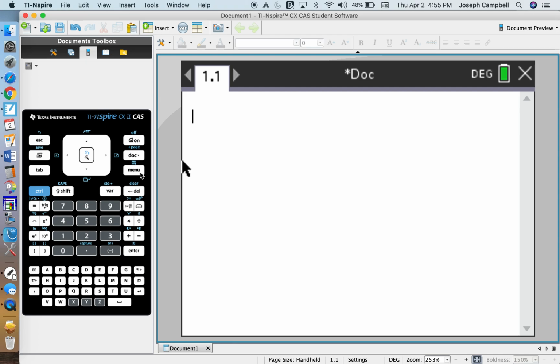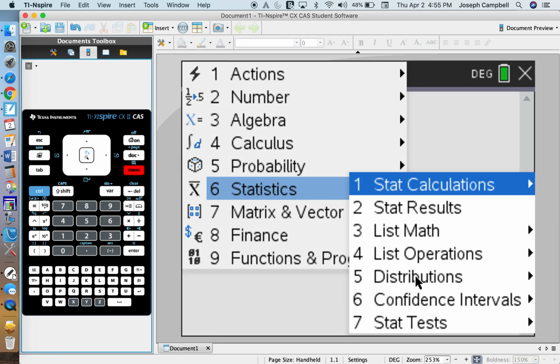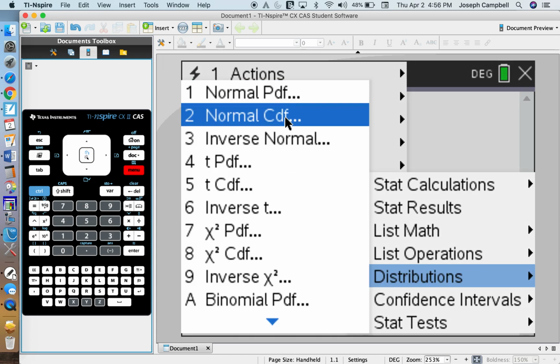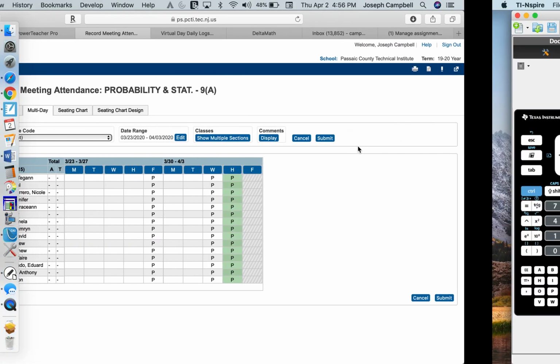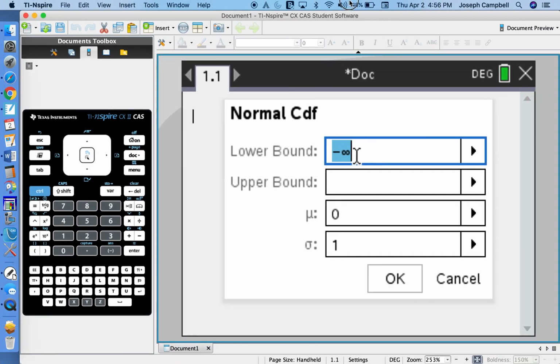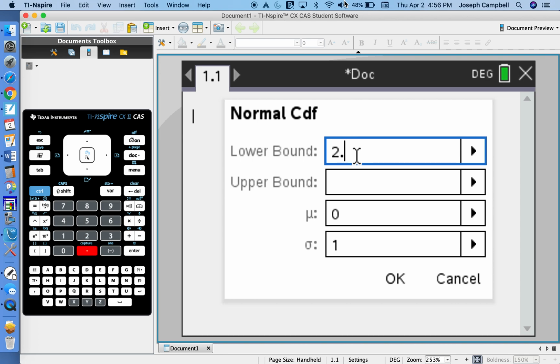Alright, so I'm going to do menu, statistics, distributions, normal CDF. Upper bound we said was what? 2.05. Lower bound was negative 2.05. And these are my standard normal distribution numbers here, 0, 1.